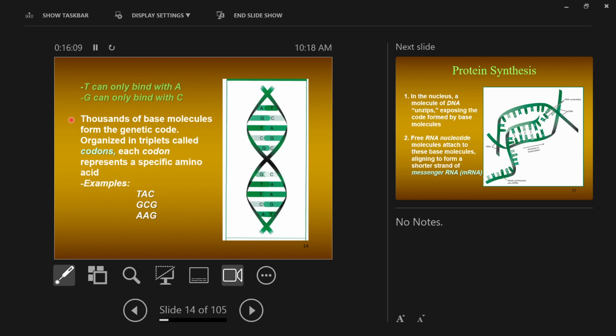Thousands of base molecules form the genetic code, organized in triplets called codons. Every set of three is called a codon. Big long strings of these sets of three, so you take 3 and 3 and 3 and 3 and so on, you build a long string that will represent a specific amino acid.